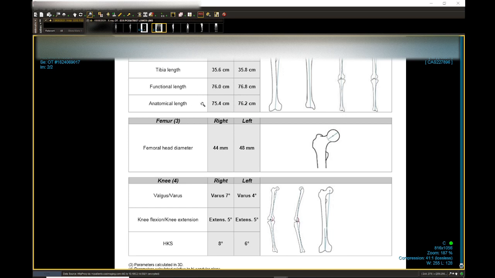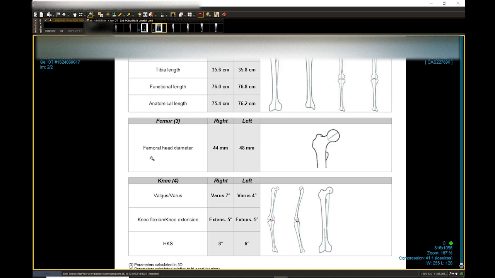Generally these two you don't find too much difference, only 1, 2, 3 mil. If you do find more of a difference, check the scan. Sometimes they haven't pinpointed exactly the points where they've taken the length, for example, the hip to the knee or hip to the ankle, so you want to double check that. That's very important. So this is telling us the patient has a leg length difference of 8 millimeters shorter on the actual right.